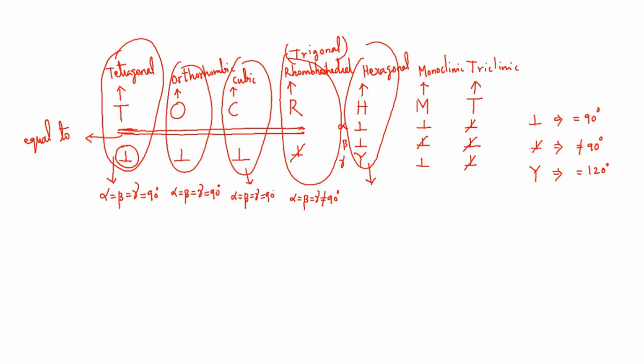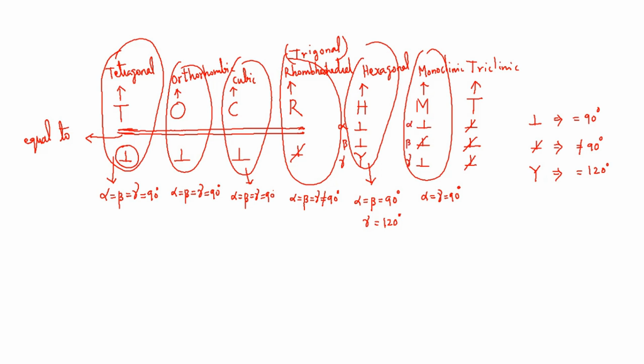For hexagonal, alpha equal to beta equal to 90 degree and gamma equal to 120 degree. For monoclinic, alpha equal to gamma equal to 90 degree. This is alpha, beta, gamma.